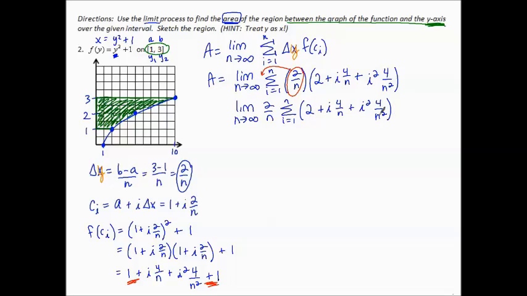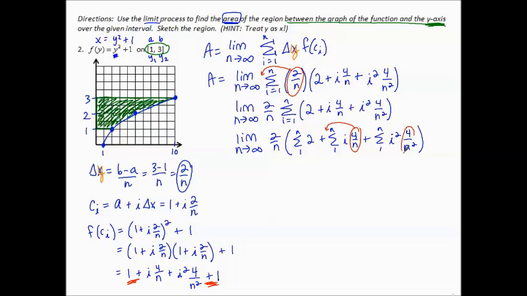Now we can break this up and take the sum of each of those. So let's go ahead and do that. 2 over n times the sum of 2 plus the sum of i times 4 over n plus the sum of i squared times 4 over n squared. Each of these, of course, going from 1 to n. Within each of those now, we have a constant multiple. Remember, i is the variable because counting i equals 1 counts up to n, n is the constant, up to n rectangles.